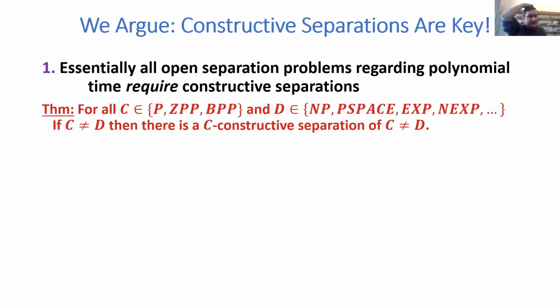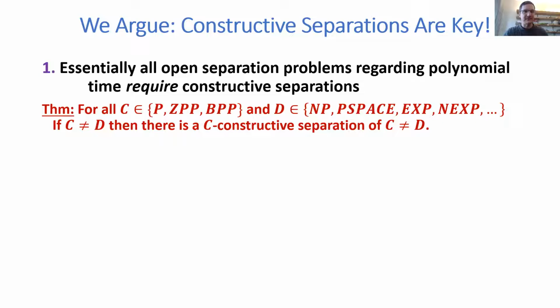The formal theorem is that for all complexity classes C, which could be P, ZPP, zero-error probabilistic polynomial time, or randomized polynomial time, BPP, and for all D, which are a host of different classes that we believe are different from these polynomial time classes, if C is different from D, then there is a C-constructive separation that C is different from D. Now, I can't define BPP-constructive here or ZPP-constructive, but there is a natural way to do that.